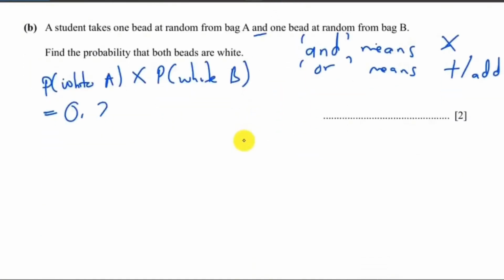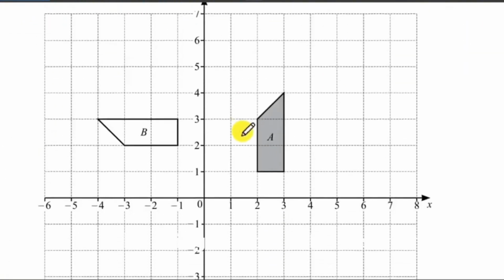So this will be 0.2 times 0.7. We can simply multiply these two numbers, 2 times 7, that gives us 14. How many decimal places in total do we have? 1, 2, and our answer is 0.14. So this is a simple way of calculating the probabilities there.